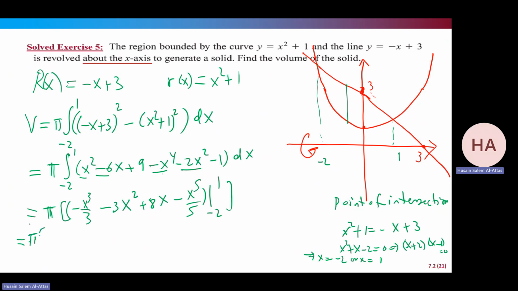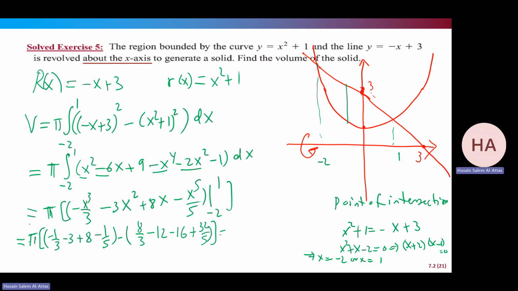That will be by, plug it in. I have minus 1 over 3 minus 3 plus 8 minus 1 over 5 minus, yeah, what is this? 2 cubed, 8 minus minus 8 over 3, minus 12 minus 16 plus 32 over 5.